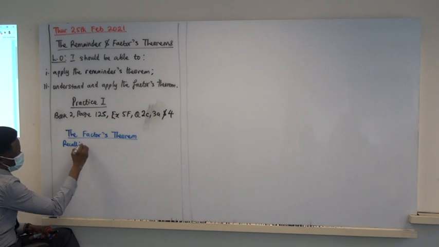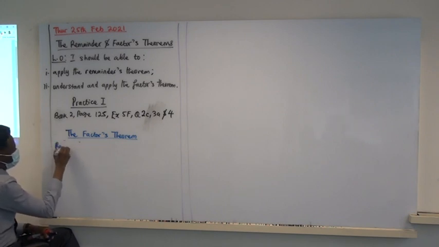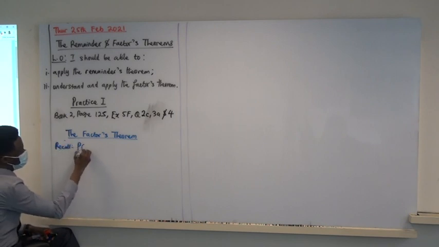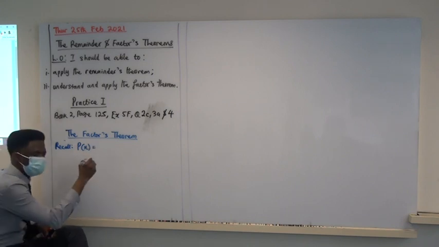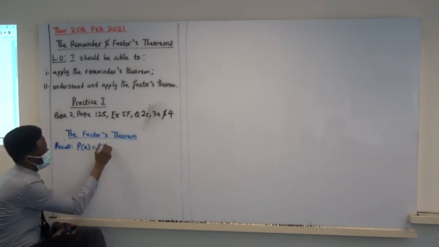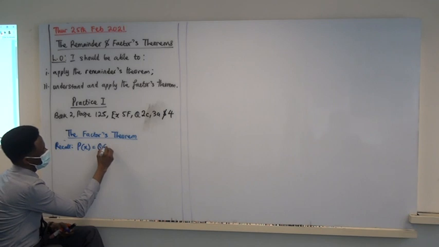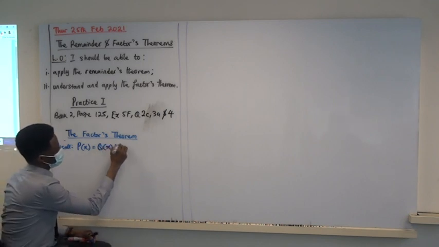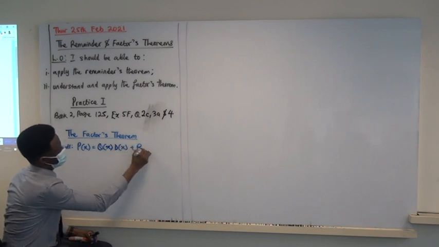So recall that our polynomial p of x is equal to what? The quotient, right? Talk to me, please. Yeah. The quotient, the divisor, plus the remainder.